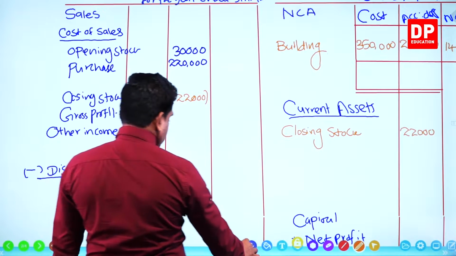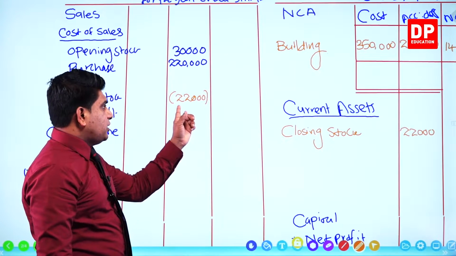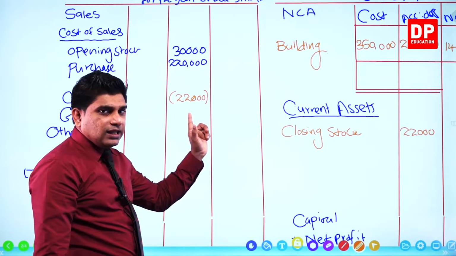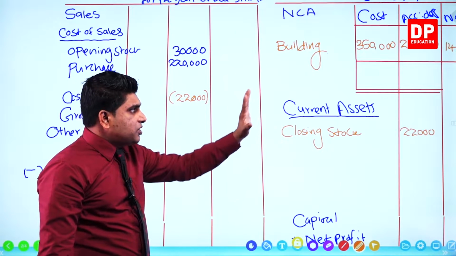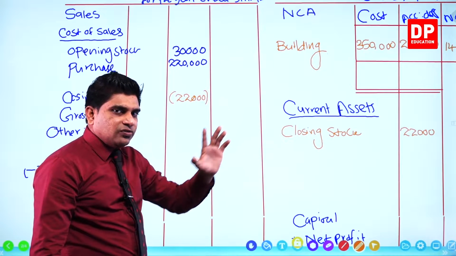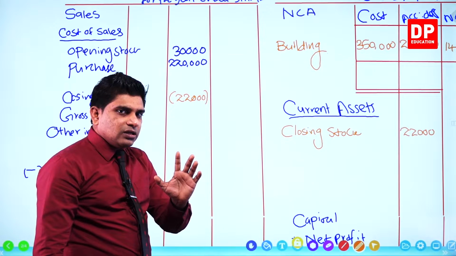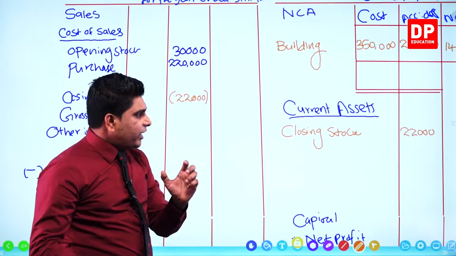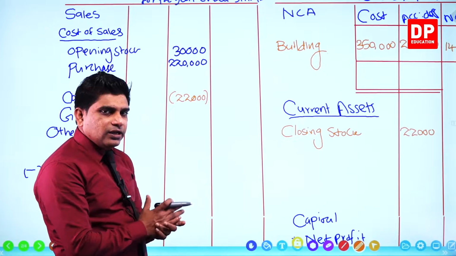Now you go to the next, but I use another color, a separate color, to mention the adjustments. It will help you to identify separately how I did the adjustments, right?